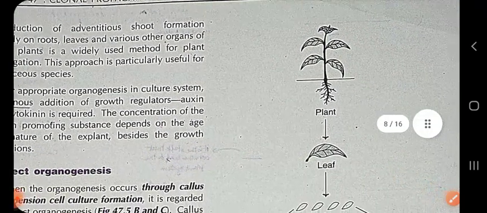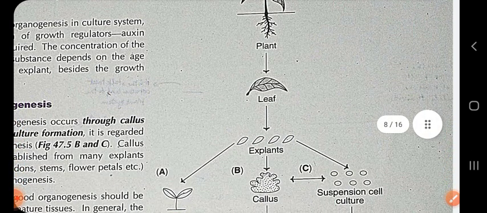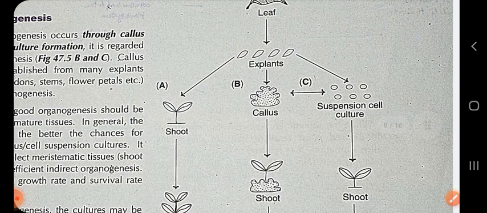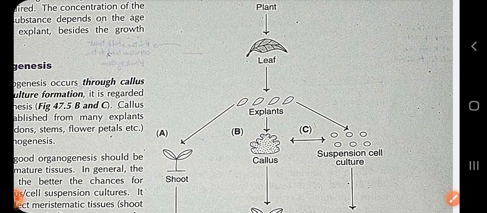So you can see the plant, its leaves, the leaves are cut into explants. And if you see column A, not B or C, in column A you can see directly from the leaf the adventitious shoot formation has been done. No callus formation takes place. In the B and C figures, as you can see, callus formation takes place. They have undergone suspension cell culture, so they can be considered indirect organogenesis.